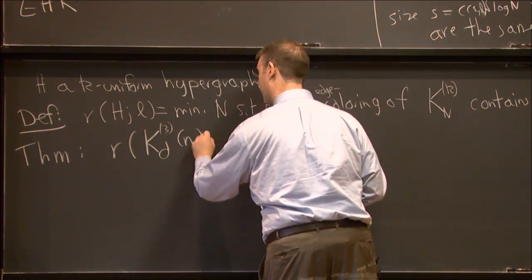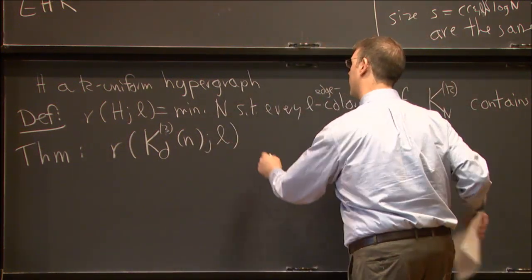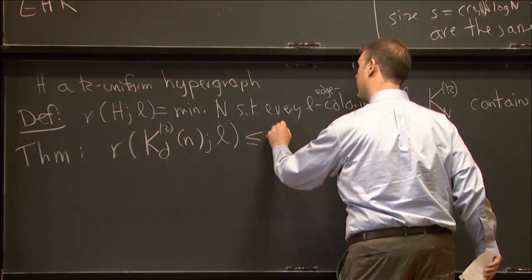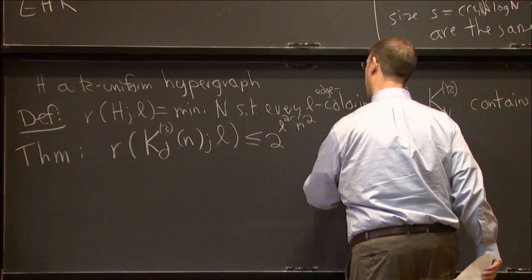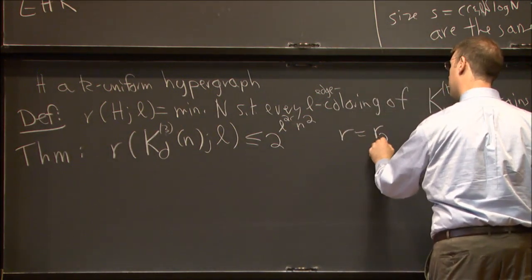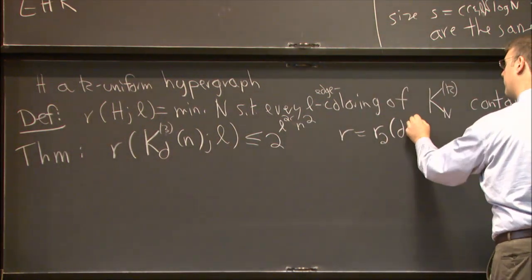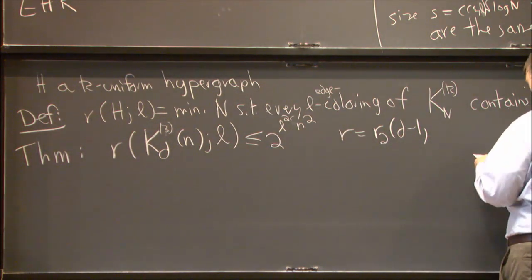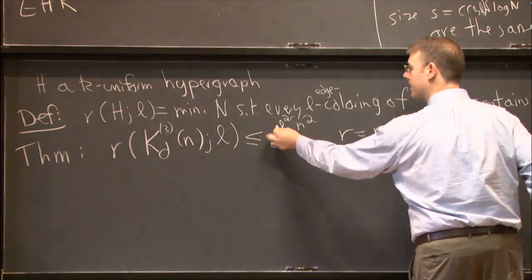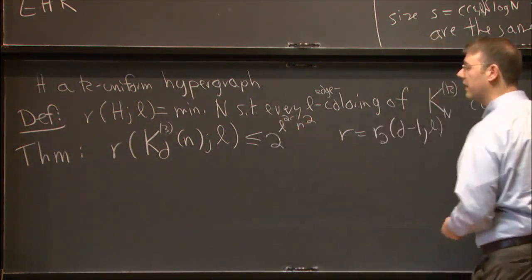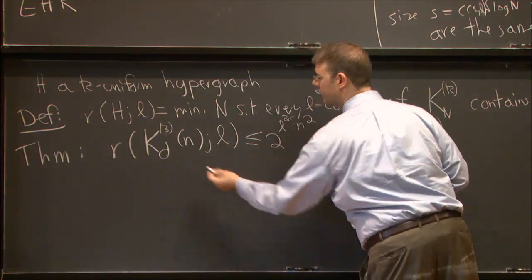What we show is that the L-color Ramsey number of this is at most 2 to the L to the 2r times n squared, where r is the Ramsey number for graphs of d minus 1 and L. The important thing is that this is some constant depending on the number of colors and d.